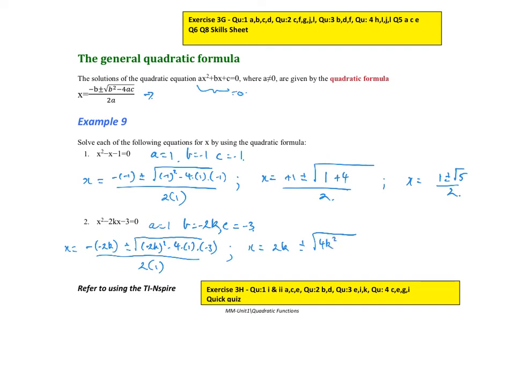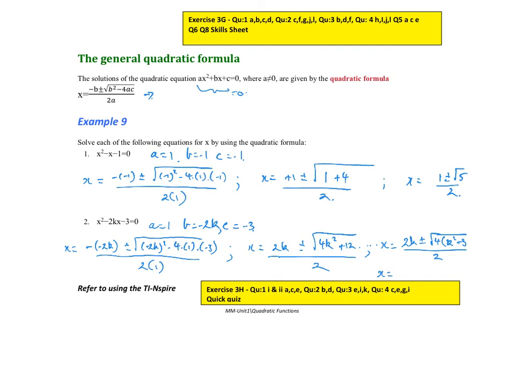Possibly simplify that top because we've got a 4 as a common factor. So x is equal to 2k plus or minus, I'll take it a step at a time, I get k squared plus 3 over 2.